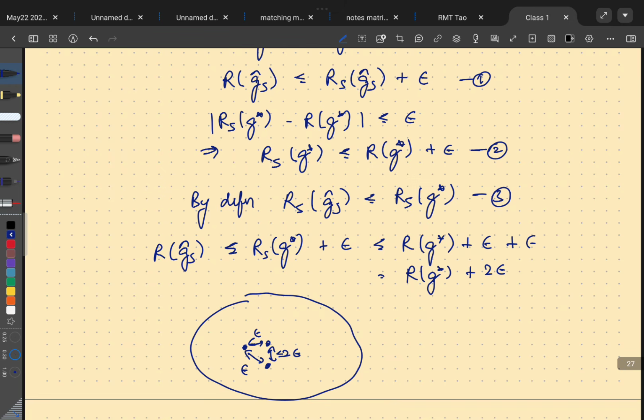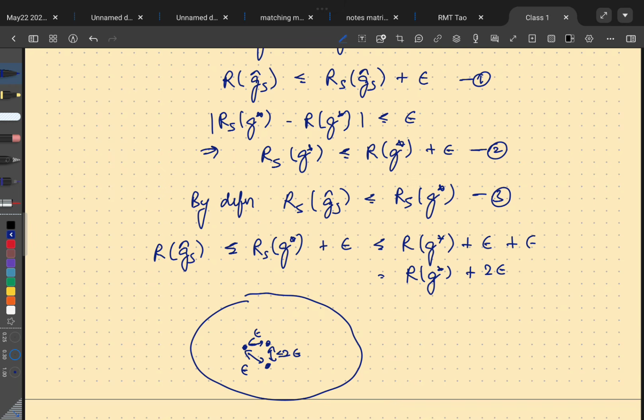And that's the basic point, that the empirical risk is epsilon close to the true risk for every function, and therefore this is true for the empirical risk minimizer as well as G star. So how far can the true risk of the ERM be from the true risk of G star? Two epsilon.